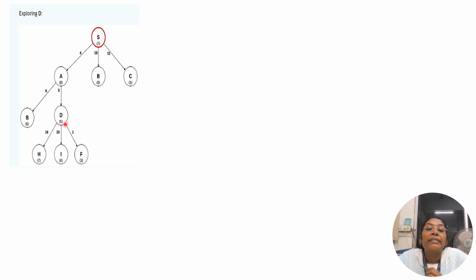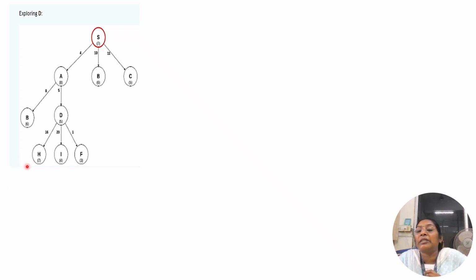Now D is connected to three nodes H, I and F. Now calculate the f of n for traversing from D to H, D to I and D to F. So the paths are S A D H, S A D I, S A D F. So the f of n cost, adding g of n and h of n, for reaching H through D is 4 plus 5, 9, right? 9 plus 16 is 25. 25 plus 7 is 32.